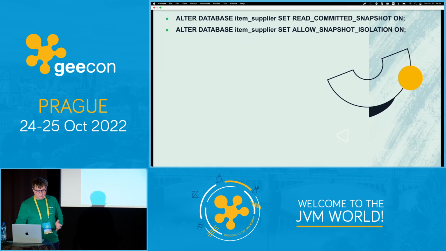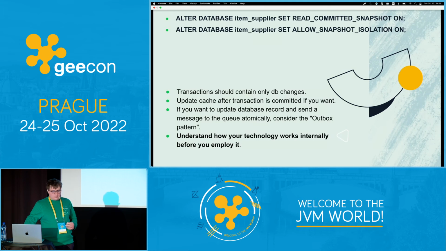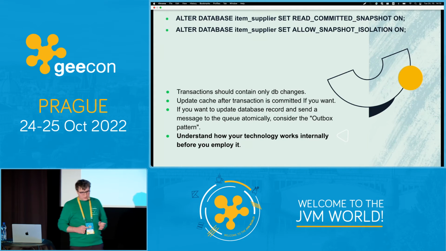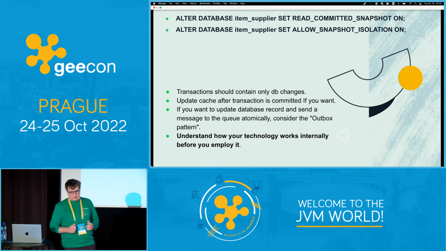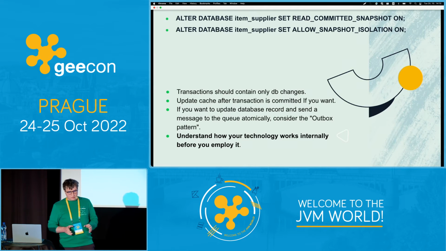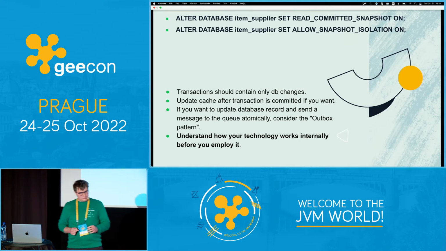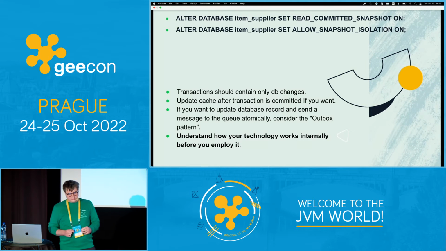The quick fix was we enabled snapshot isolation level in MS SQL Server, and the proper fix was we had to change the logic in the code. So, rules of thumb: the transactional annotation should be in your code only on DB changes. If you want to update the cache, do it after your transaction is committed.